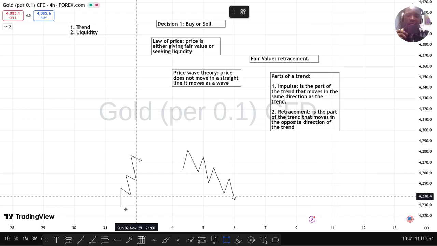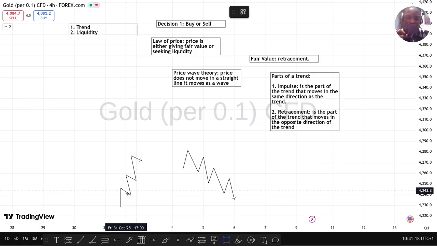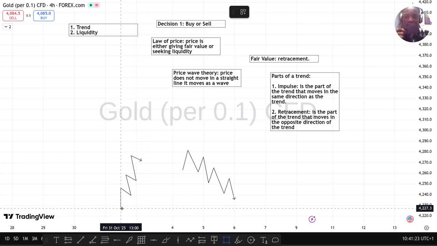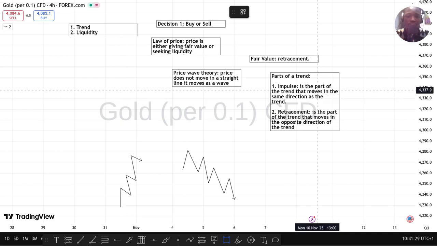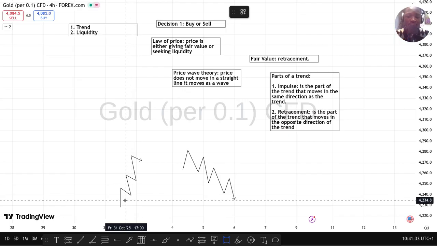We can see parts going up and parts going down, so you can clearly tell that there are two parts to this wave, to this trend. Now, what parts of this trend are the impulse moves and what parts are the retracements? It's pretty simple. The parts that move in the same direction as the trend are the impulse moves, right? So if this is an uptrend, it means that the parts of this trend that move in the upward direction are, by extension, our impulse moves.